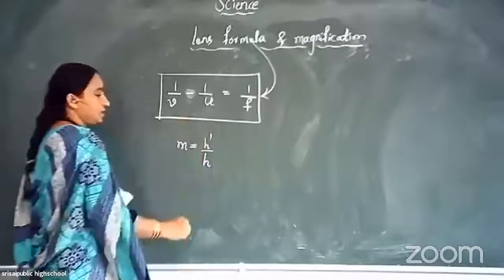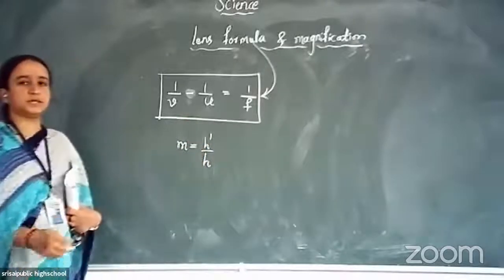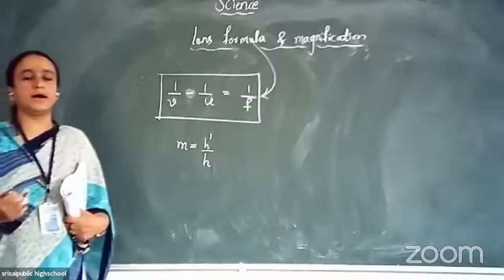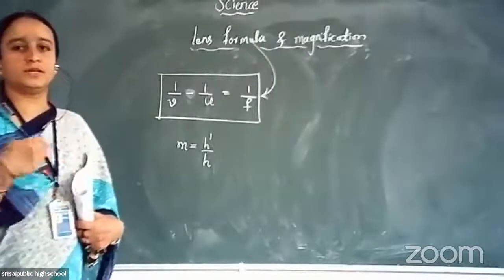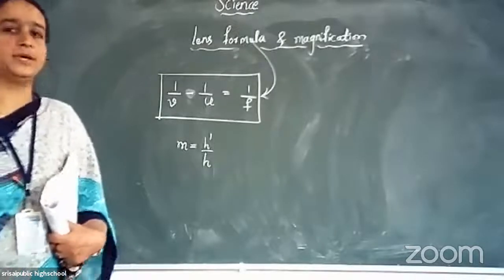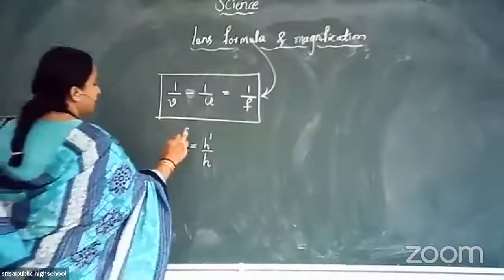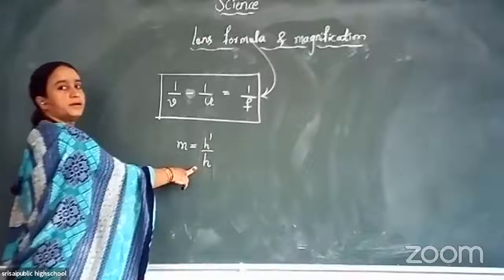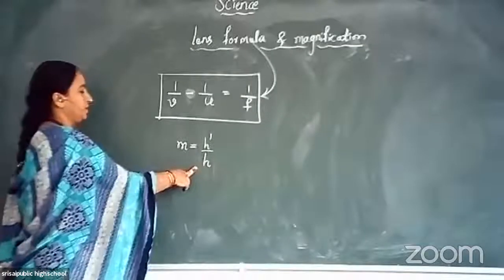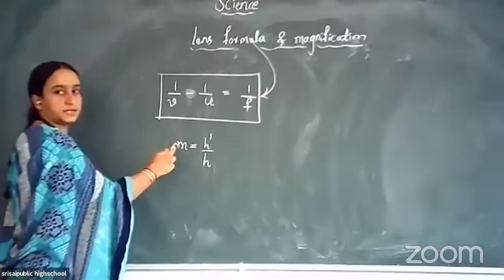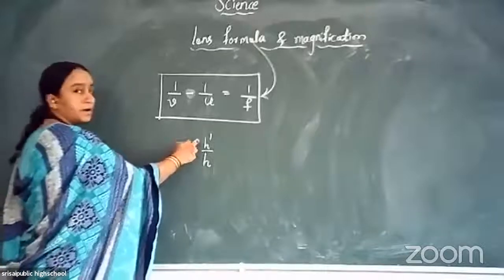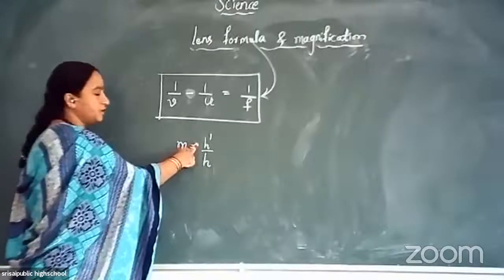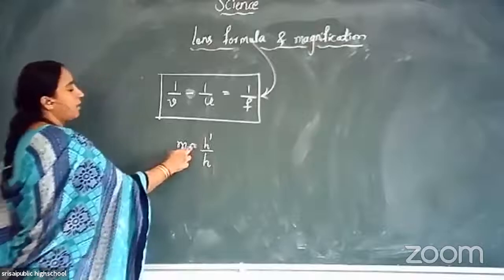What does H dash represent? H dash represents the height of the image. H represents the height of the object. Magnification is the ratio of the height of the image to the height of the object.